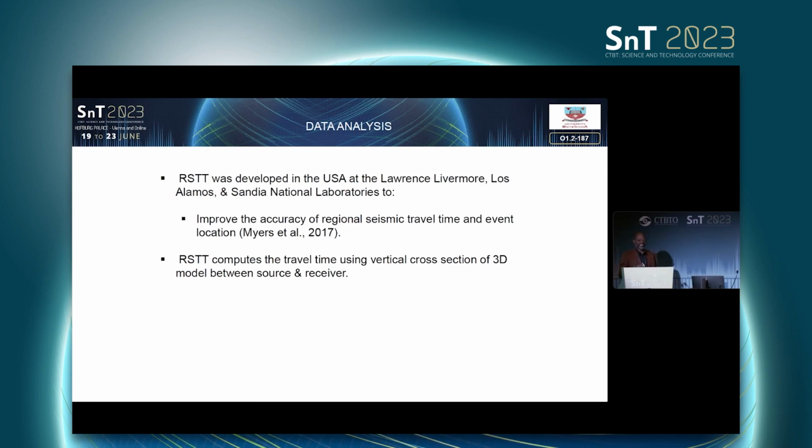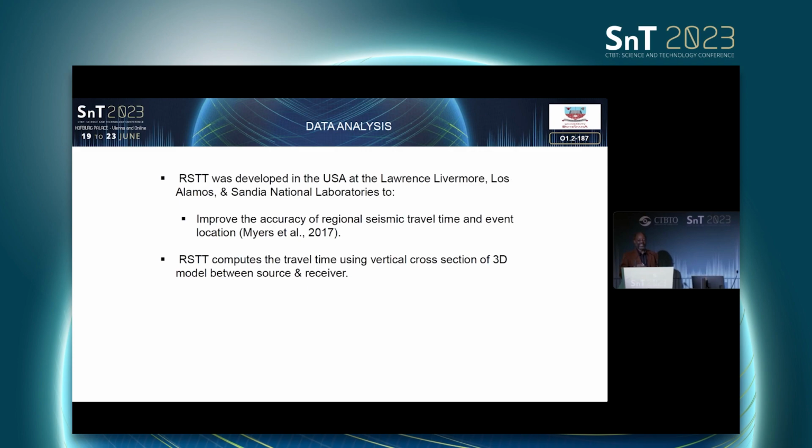RSTT was developed in the USA at the Lawrence Livermore, Los Alamos, and Sandia National Laboratories. These three labs were very important in doing this model. RSTT is used to improve the accuracy of regional seismic travel time and the event location.